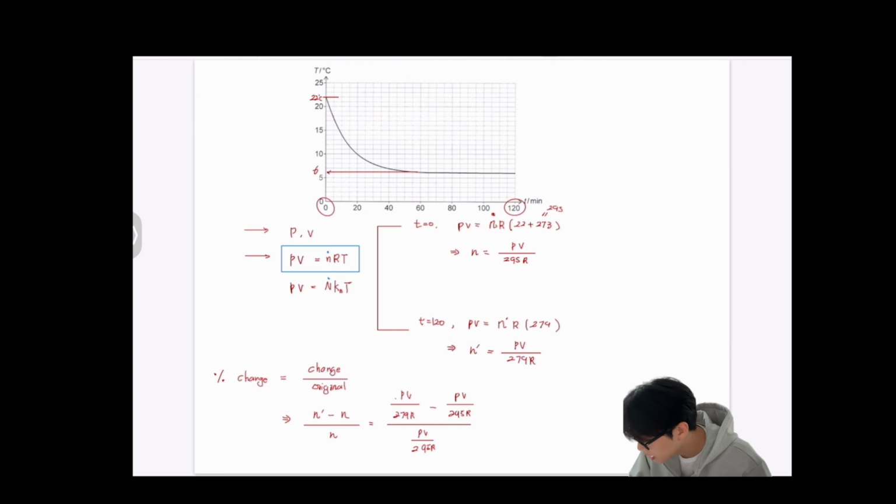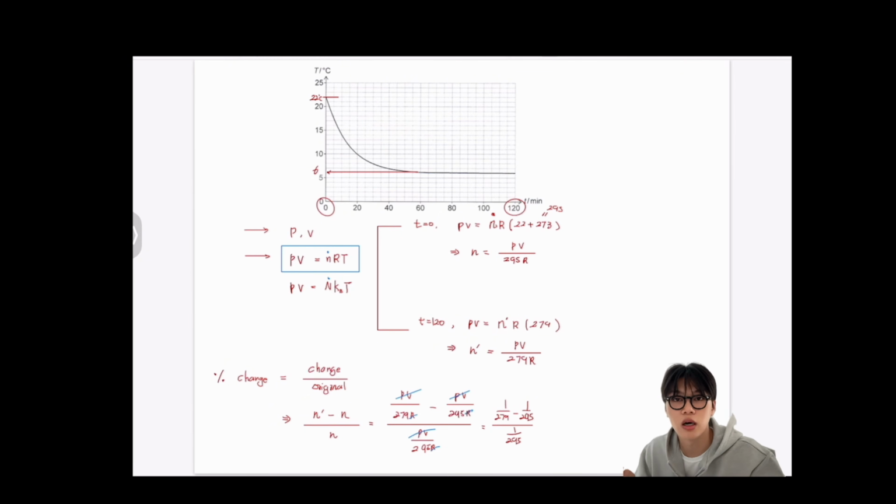So PV can cancel out, and also R can be canceled out. So that is 1 over 279 minus 1 over 295, over 1 over 295. If you use the calculator and then times 100 for the percentage, you will see about 5.73%.